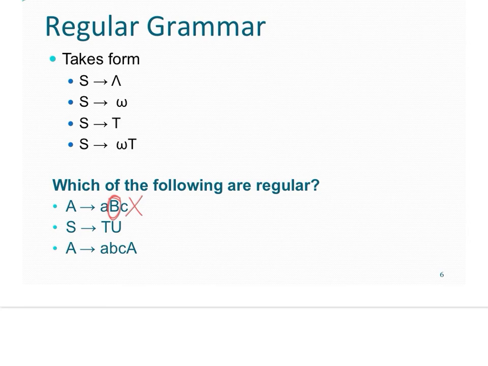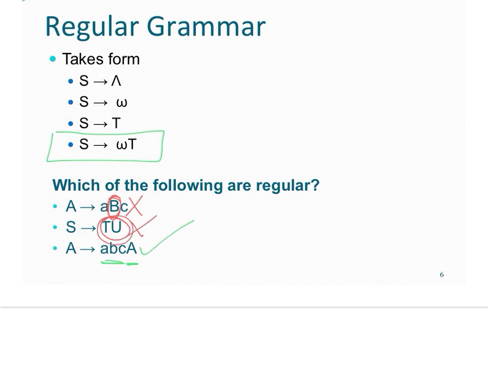The second one is again not a regular grammar, because we have two non-terminals there, and you can't have two non-terminals on the right-hand side, or on the left-hand side for that matter, of a regular grammar production rule. This last one, however, looks good. We've got a string of terminals followed by a non-terminal, which is just this form. So that's a production rule of a form that could be part of a regular grammar.